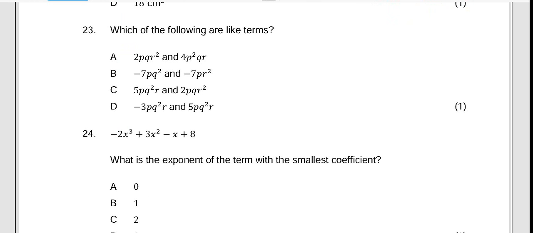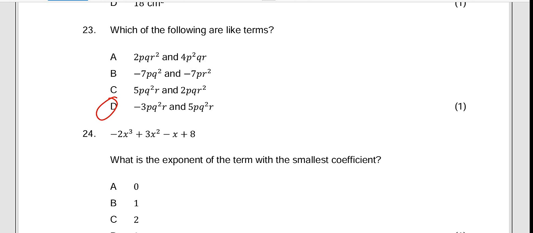Which of the following are like terms? We know that like terms have the same variables. So which combination has like terms? Number A, no. Number B, no. Number C, no. Number D, yes, because we have P and P, we have Q squared and Q squared, we have R and R. Number D are the like terms.